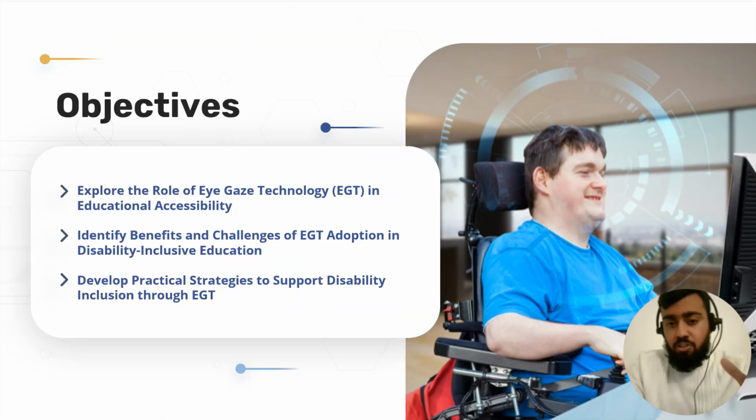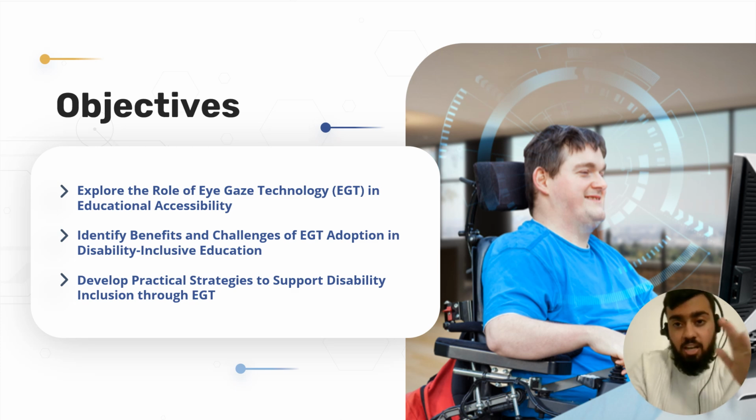So let's start with the objectives, what we are trying to do for these users. We are going to explore how we can help disabled persons using eye gaze technology in education.